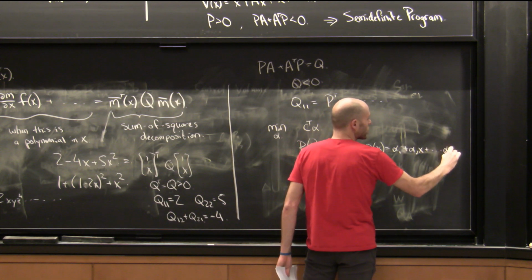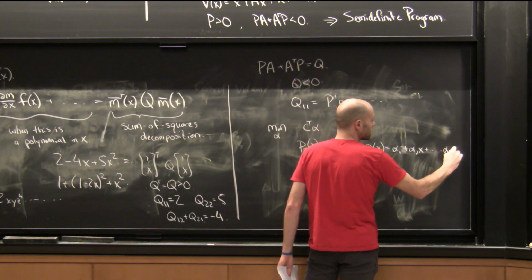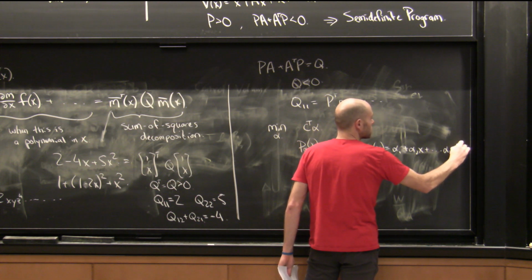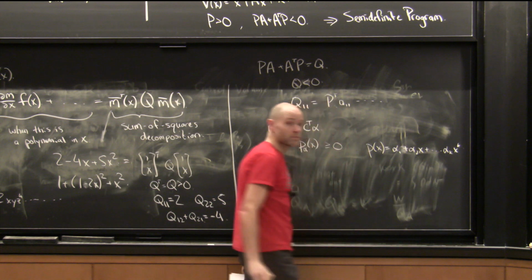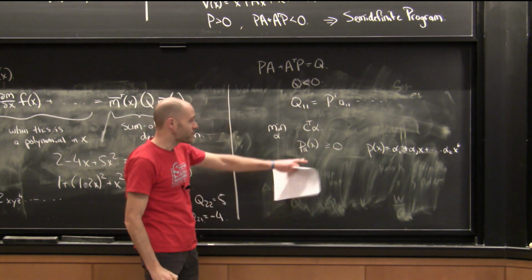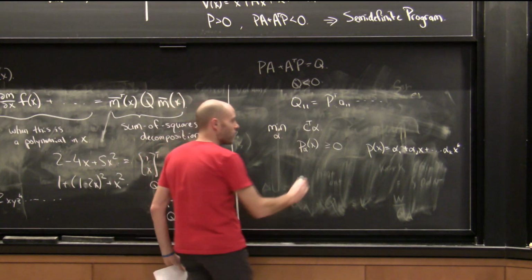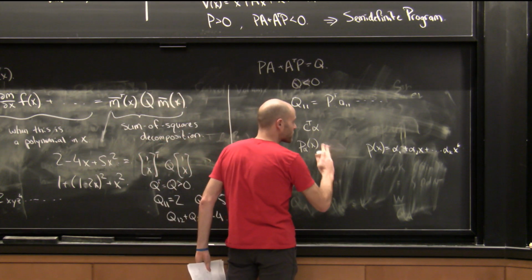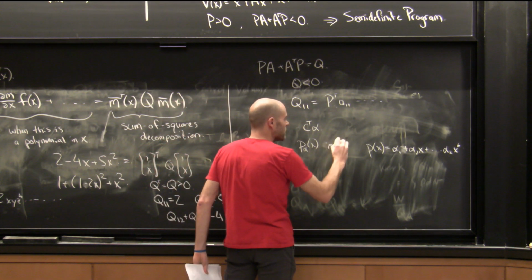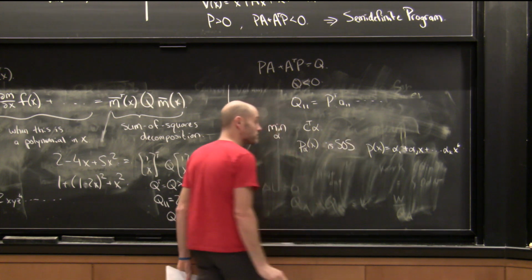It's any polynomial with the alphas as the coefficients. Now, because there is a gap, and I don't know that I can do this exactly, I'm going to write this more correctly by saying is a sum of squares polynomial.